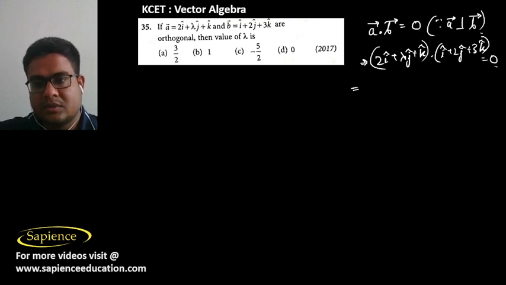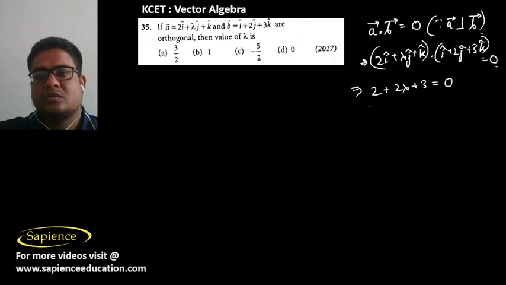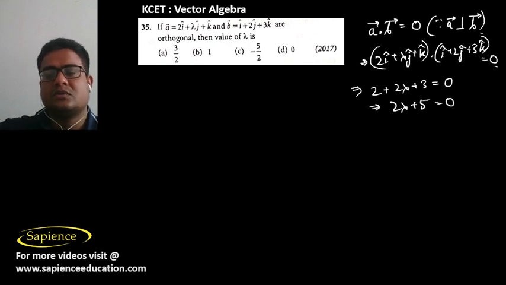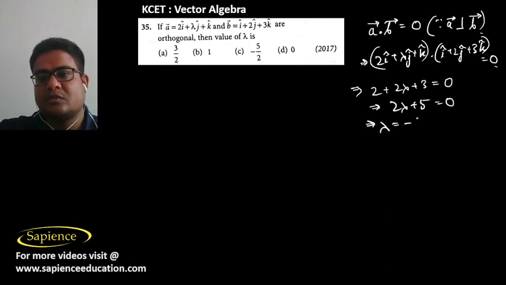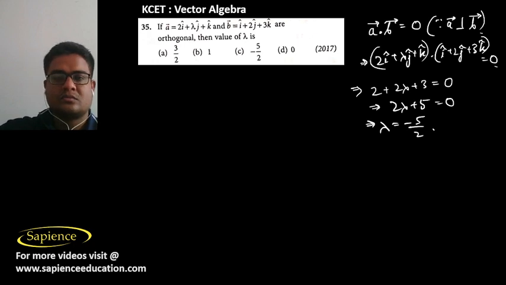That means 2 plus 2 lambda plus 3 is equal to 0. Therefore 2 lambda plus 5 is equal to 0, so lambda is equal to minus 5 by 2. So option C is the correct answer.